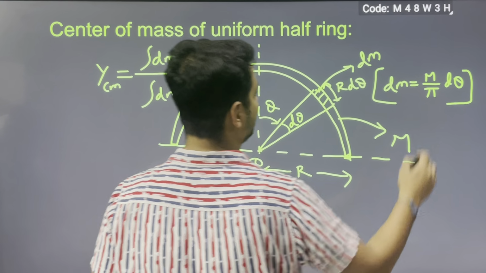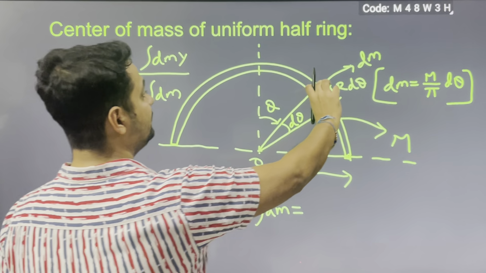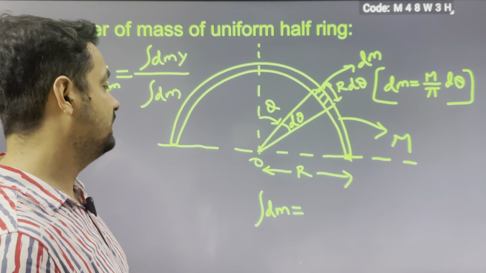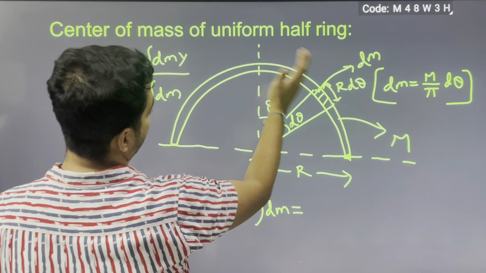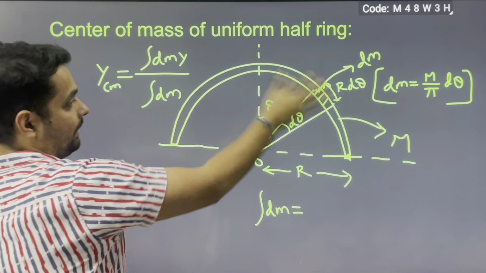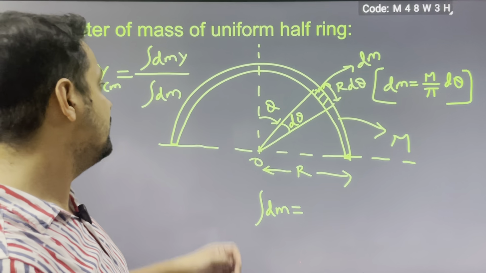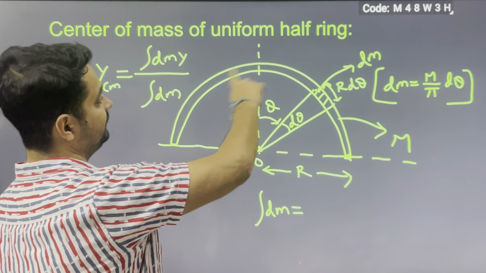Now why have I written it like this? Just try to understand. Here the length is r d theta, correct? And this total angle is pi, so this total length is pi r.